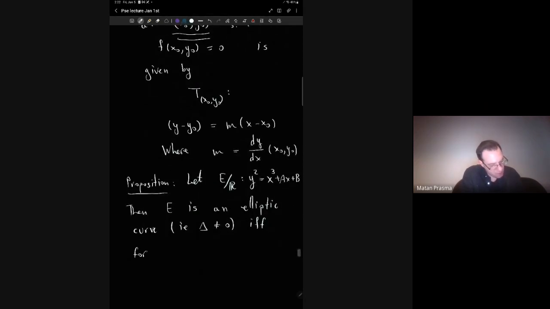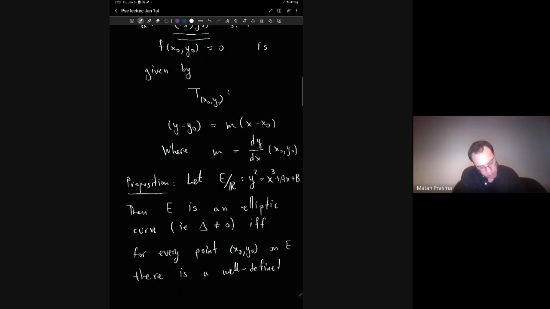for every point x0, y0 on E, there is a well-defined tangent line.